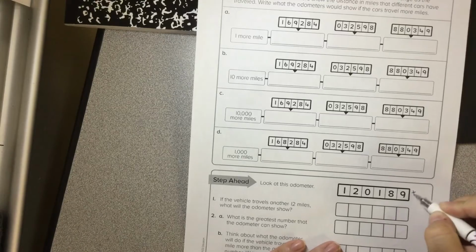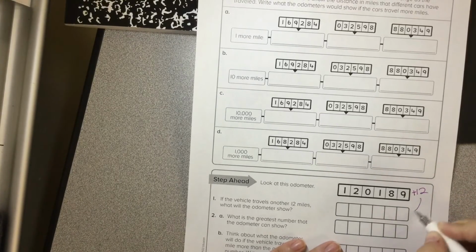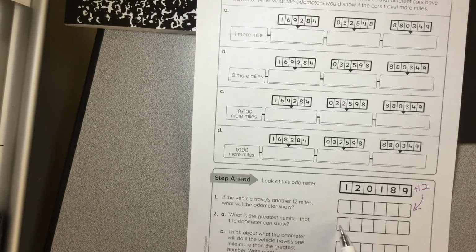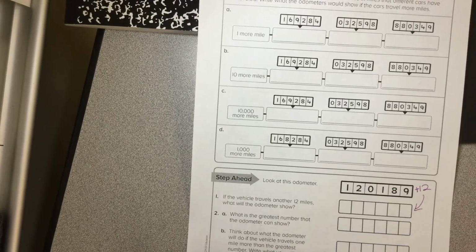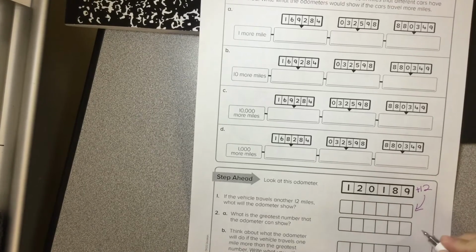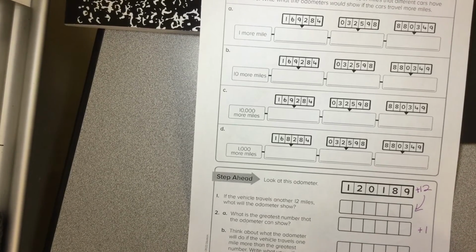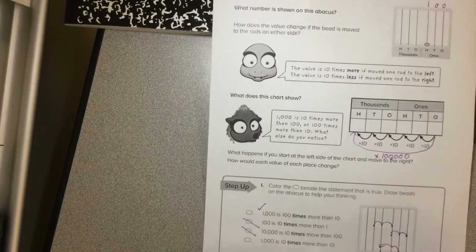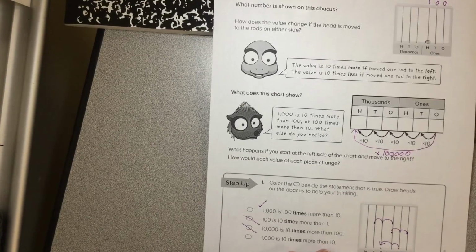So 12 more miles, what would be the answer? What is the greatest number that the odometer can show? If we filled up all these with digits, what is the greatest number we could make? And think about this, and then we added 1 more. What would this look like? What would those digits look like? Okay, remember you can go back and pause and go back to the video as many times as you need.